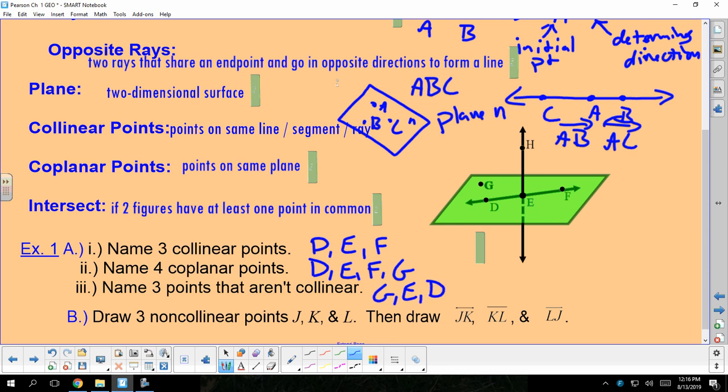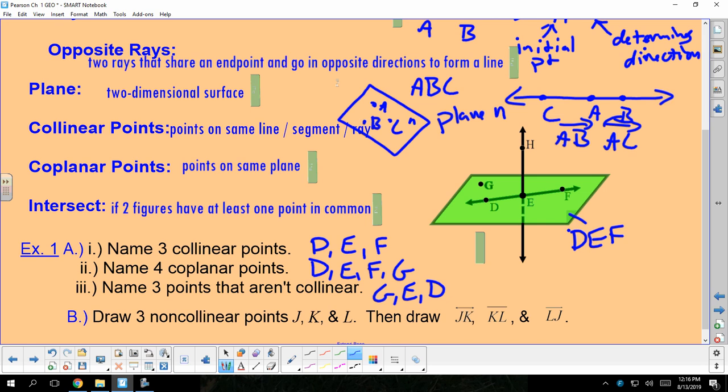Are there others? Sure. And furthermore, if I wanted to name this plane, could I name it plane DEF? Would that be a good name for the plane? No, because these are collinear points.